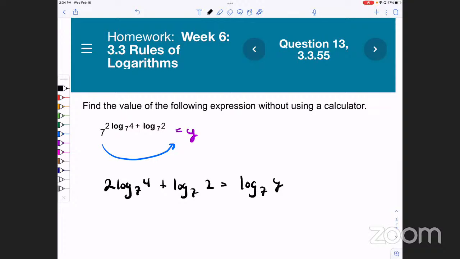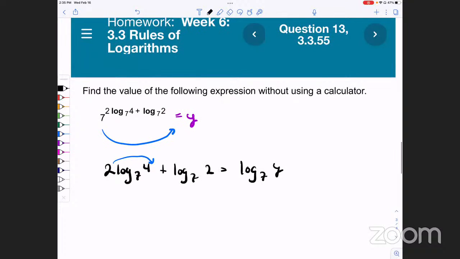Then we can apply the power rule in reverse. The log of a power is the power times the log, so if we reverse that, the power times the log becomes the log of the power. So that 2 can move up to the exponent. 4 squared is 16. Then the sum of the logs becomes the log of the product, so 16 times 2 is 32.